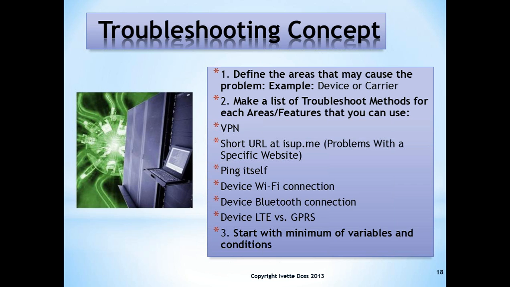And in the beginning, why is it important to define the area of troubleshooting? Because you can check the device, for example, very easily. Haha, it works. So fine, then I know for sure that my network connectivity problem is not related to the device. Or you can do it the other way around. You check another device and it works.